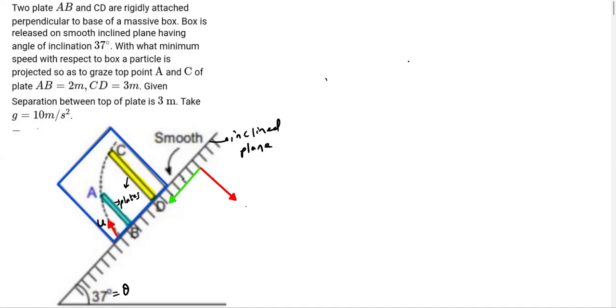If you resolve this g, it will become g cos theta and g sin theta.